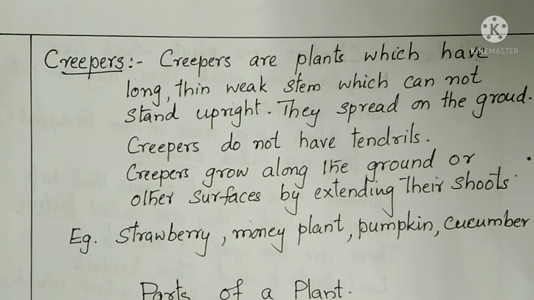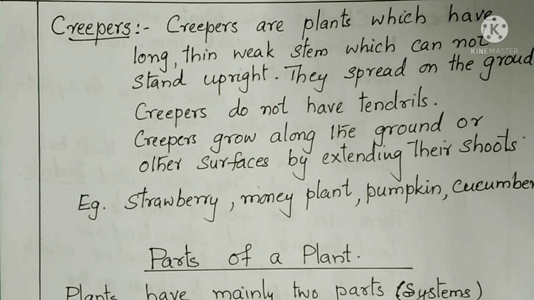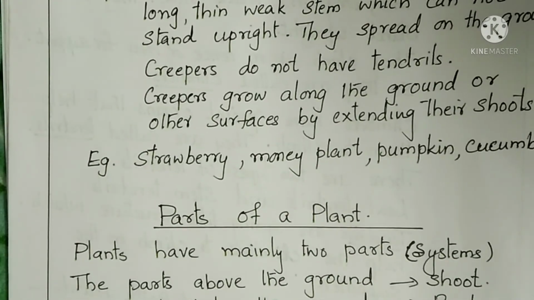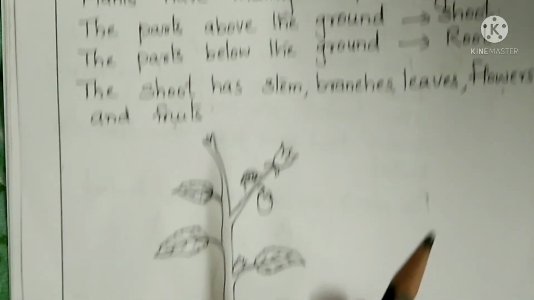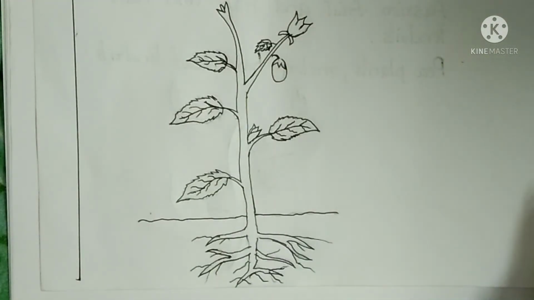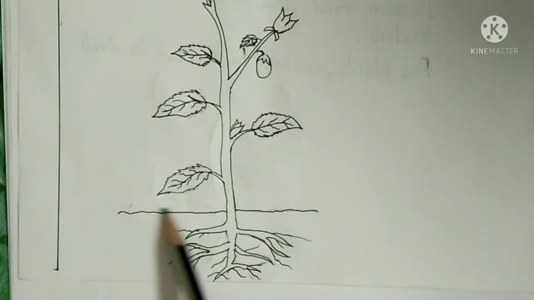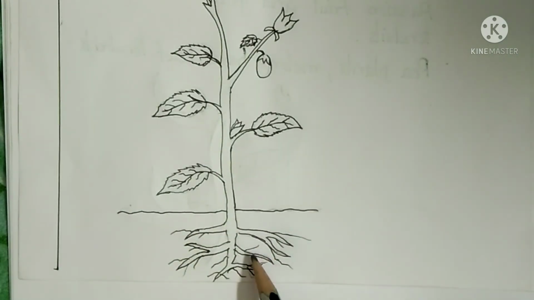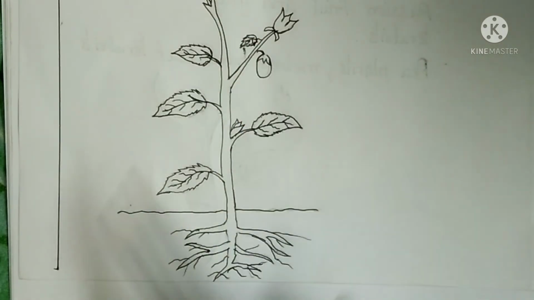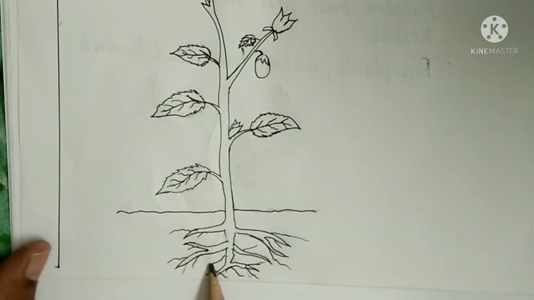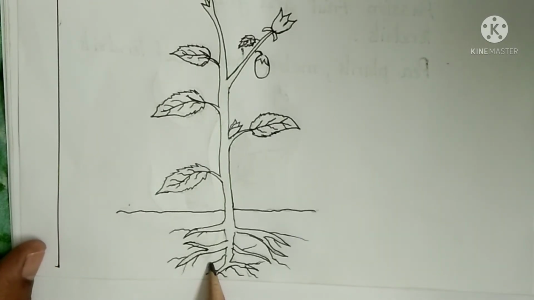Now today let us learn about some parts of the plant. If you see a plant, here in the picture, if this is the ground, some part of the plant grows below the ground and some part grows above the ground. So you already know which part of the plant grows below the ground.